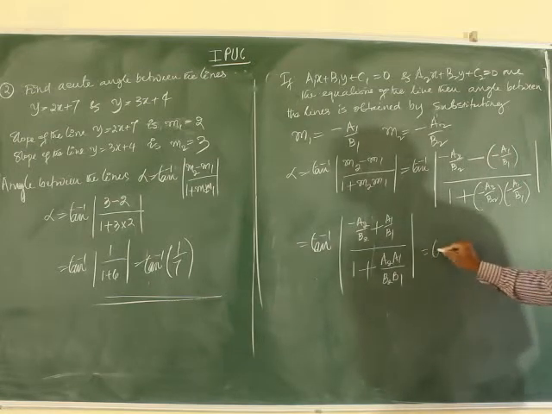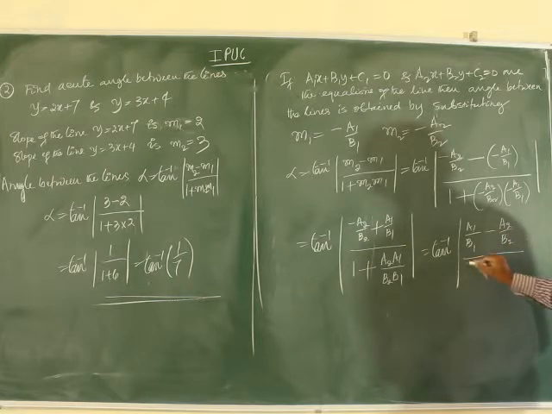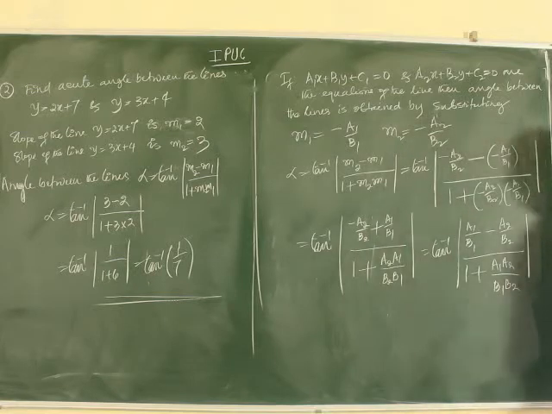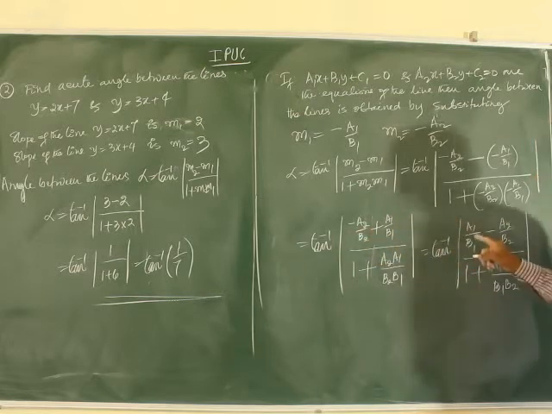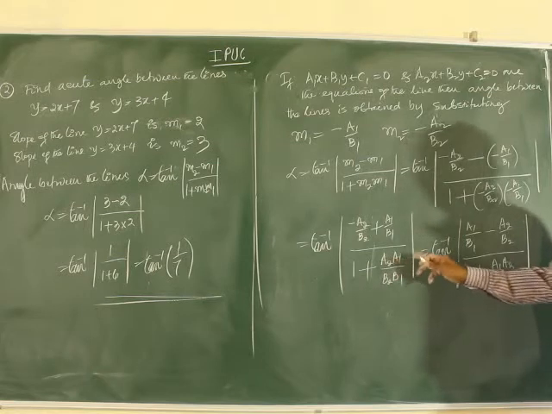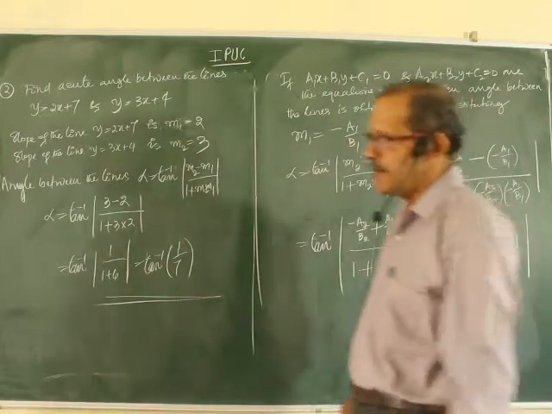Or it is tan inverse of a1 by b1, because it is plus, a2 by b2, by 1 plus, this can also be written as a1 a2 by b1 b2. Since it is plus, it is written in the first place. Minus, next, a1 a2 or a2 a1, one and the same. Now take the LCM and simplify.